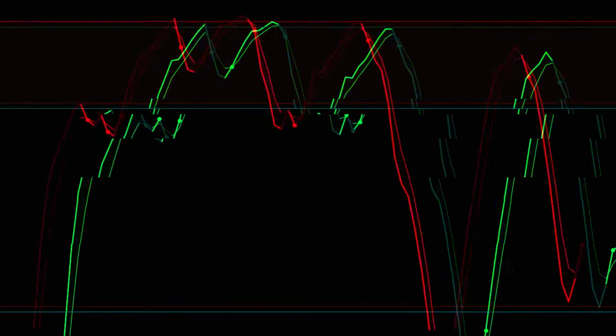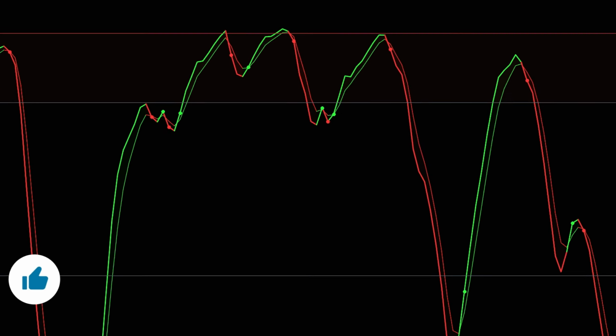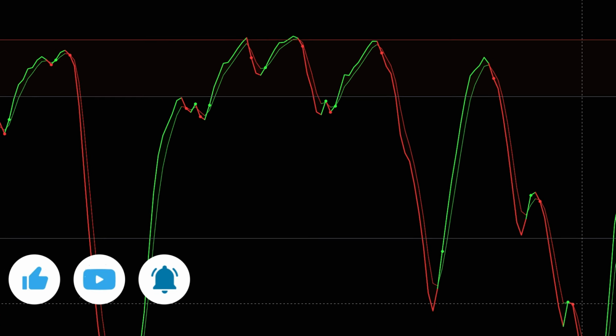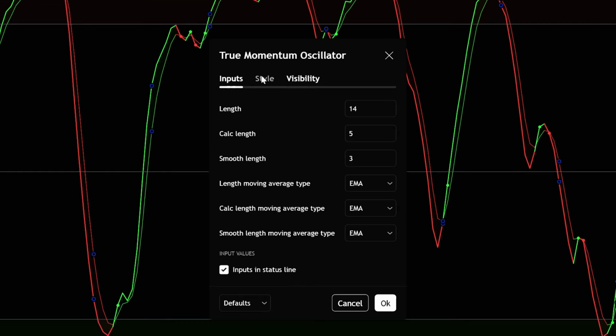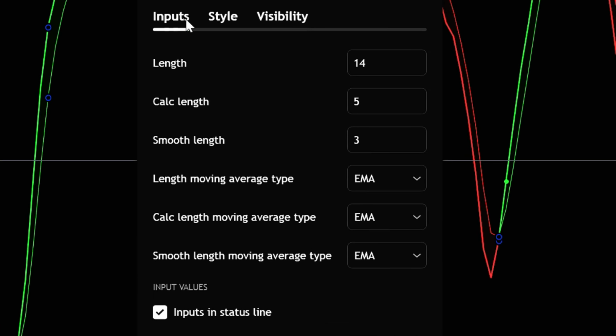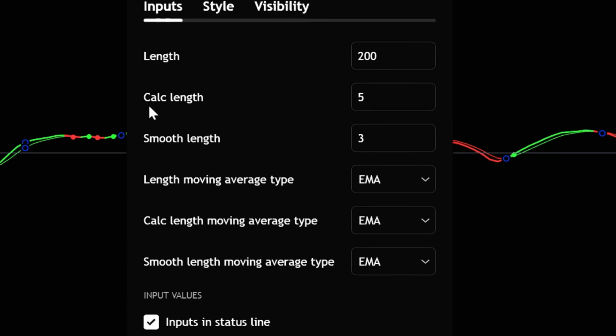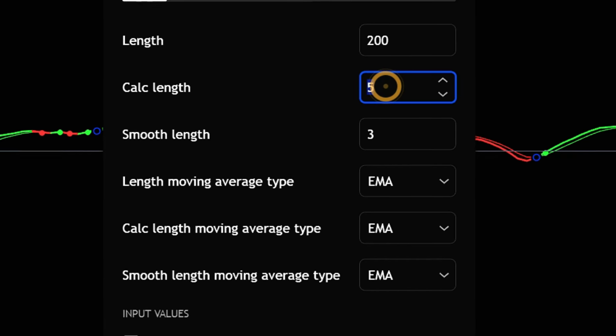But here's the thing, the default oscillator settings aren't optimized for this kind of filtering, so we need a few tricks. Here's what to do. First, change the length to 200. Then bump up the calculation length to 100.